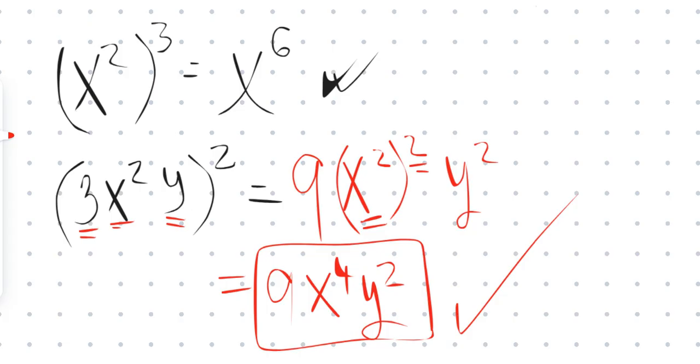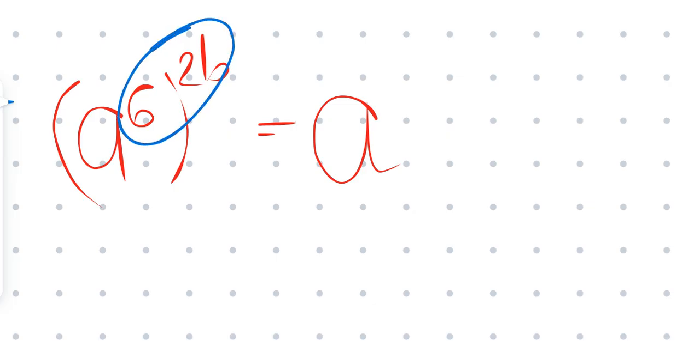Alright. What happens if we have, let's say, a to the power of 6 and then everything to the power of 2b? No problem, because we know that if we have our base and then double exponents, 6 and 2b, what we do is we multiply our exponents.